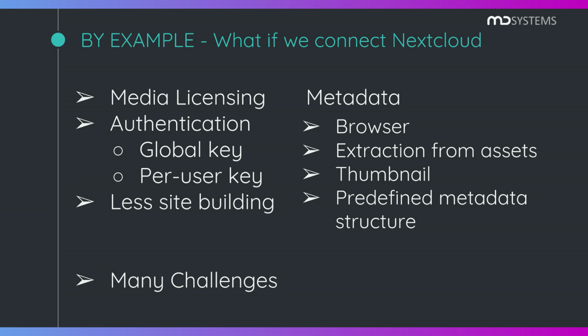For sure, it provides a browser. You can see the browser already in ownCloud. We could reuse that. We don't need to think about how our browser should look, how we can improve it. Systems usually already display metadata, so we could extract this stuff. It displays a thumbnail in the browser. It has a predefined metadata structure.